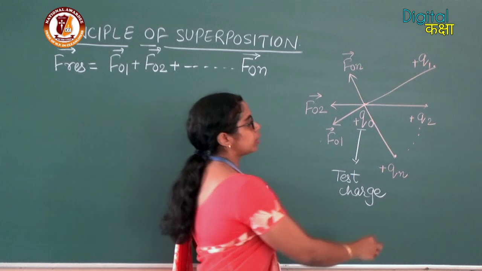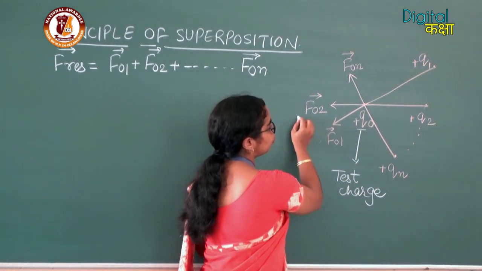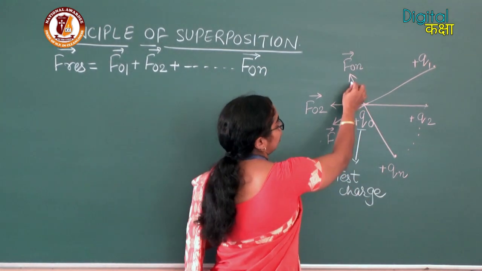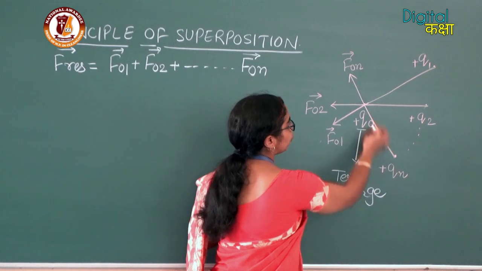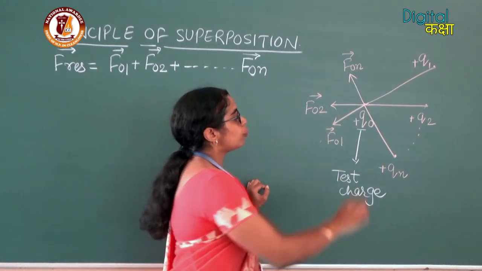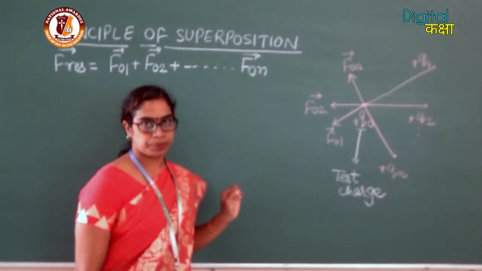Same is the case with the charge Q2. So the direction of vector F02 is shown this way, and vector F0n will be shown in this direction, which is representing the force on Q0 due to the charge Qn.